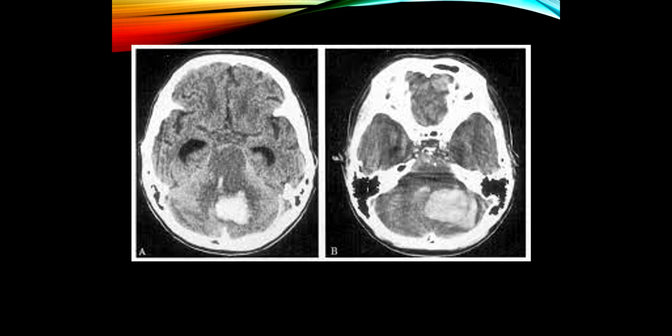So if our top thing on the differential is a cerebellar hemorrhage, don't waste time sending the patient to an MRI scanner, which is going to take a long time to get the patient into. The scan time is much longer. Do a CT because we want to diagnose this and get neurosurgery involved immediately. If there's delay, then this can cause herniation and death.